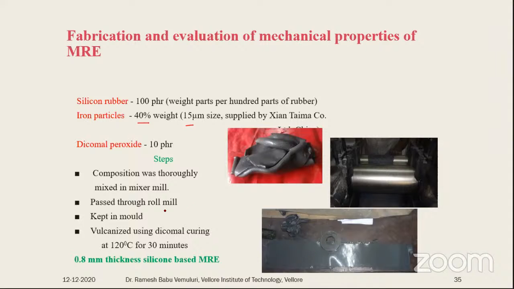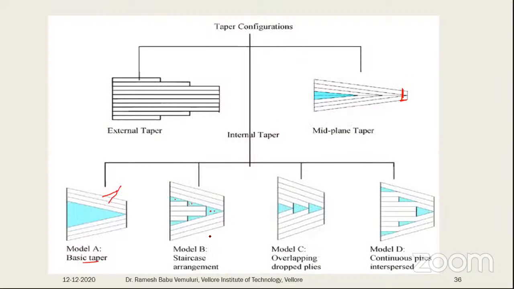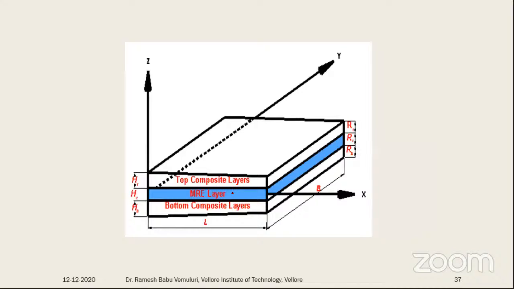In that mold we kept these MRE plates or MRE sheets. Then they were vulcanized using dicumyl curing at 120 degrees centigrade for 30 minutes. Finally we got an MRE sheet of 0.8 mm thickness and 350 mm length. This sheet was used here as the core.